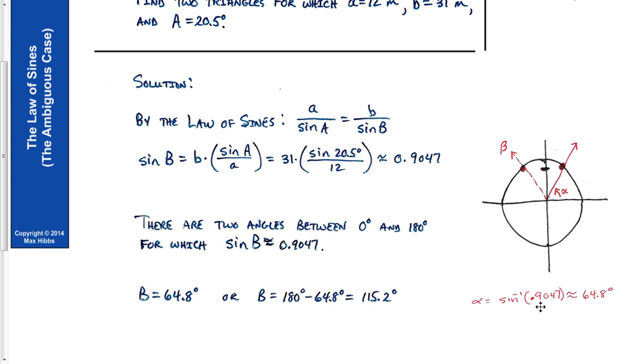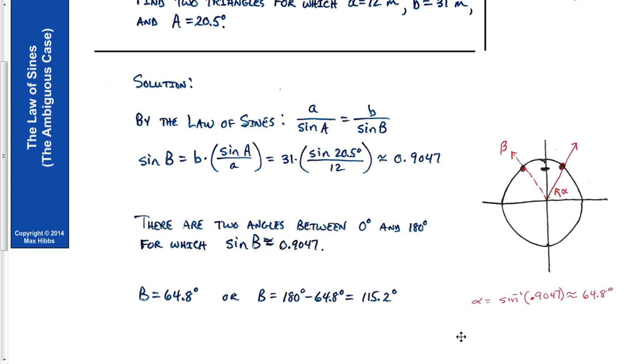I called it alpha, because here's the issue. The inverse sine function only gives us results that are between negative 90 degrees and positive 90 degrees, and so it doesn't even think about this possibility over here. So it calculates this angle that is an acute angle. And so 64.8 degrees is what we would think B is.